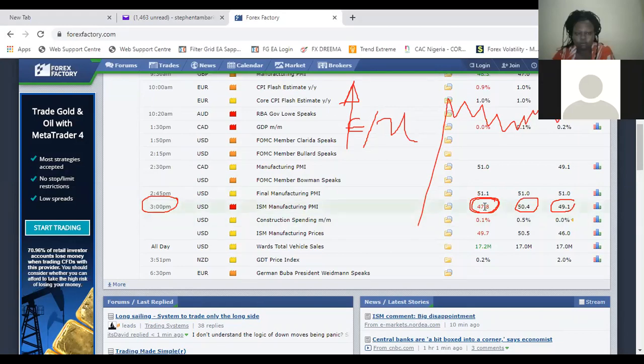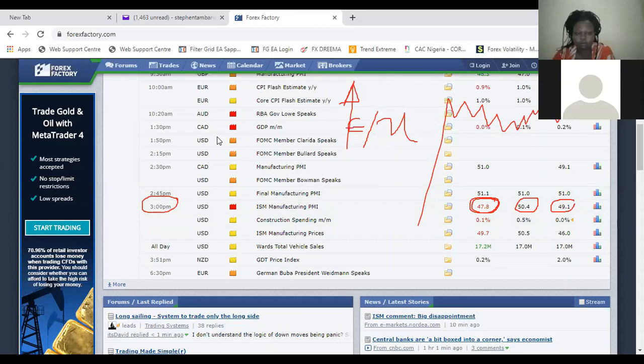Now look at what happened. When the actual came, it was 47.8. That means it fell below this and did not favor the US dollar. So if we know the actual, we'll know the direction the market is going. But since we don't know the actual, there is a strategy that we use to trade the news.